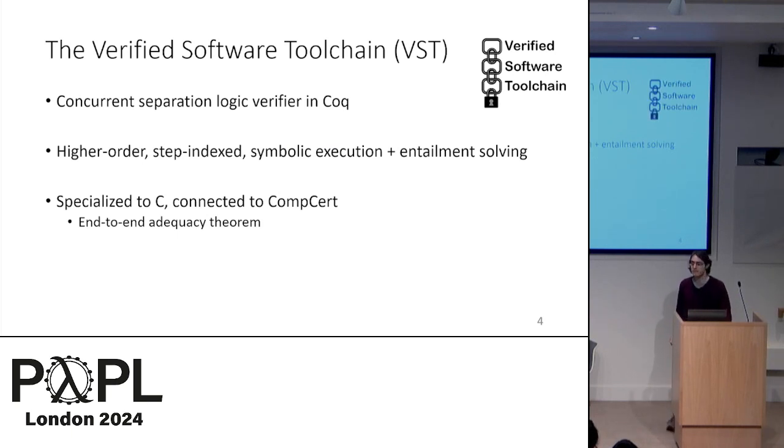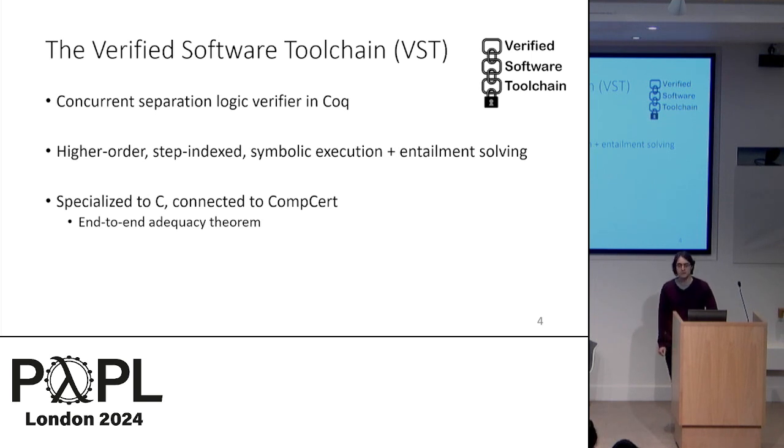So to say a bit about VST, like Iris, it is a Coq-based concurrent separation logic verifier. In fact, it's a rather older one than Iris. And it has a lot of the same basic parameters. It is likewise a higher-order step-indexed concurrent separation logic, and the way we use it is also very similar in that we have a mix of symbolic execution tactics that run a section of code and show its effect on the separation logic state, and entailment solving that lets us prove that some collection of resources implies some other collection of resources.